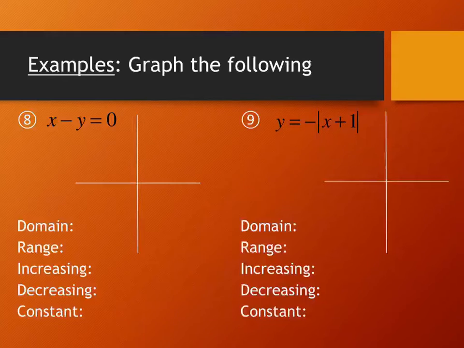Now this graph is pretty nice in terms of solving because I can just move my y to the other side. So this is just the equation y equals x. And you should know what that equation looks like, right? It's your basic line. I could have put this into the first set, probably. So what is the domain for this line?